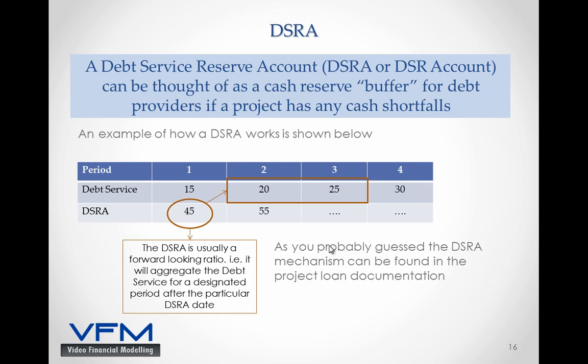So here we're looking at a forward-looking 2-period debt service reserve account, and we're going to add the 20 and the 25 together to find our debt service reserve account amount. Same with period 2. In this case, we're going to add period 3 and 4. So 25 plus 30 is obviously equal to 55 if I've done my maths correctly. Okay. And we're going to build in a debt service reserve account in the complex financial model. So we'll learn a lot more about how to calculate this in the financial model.